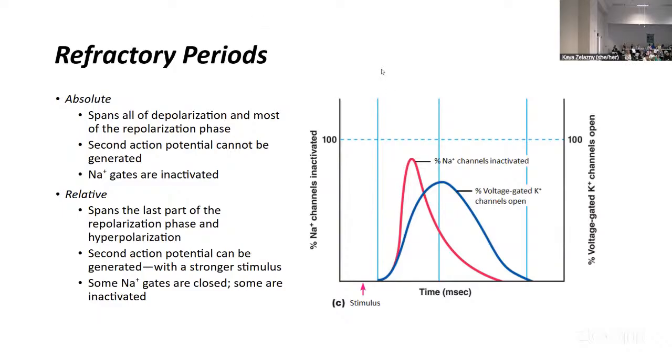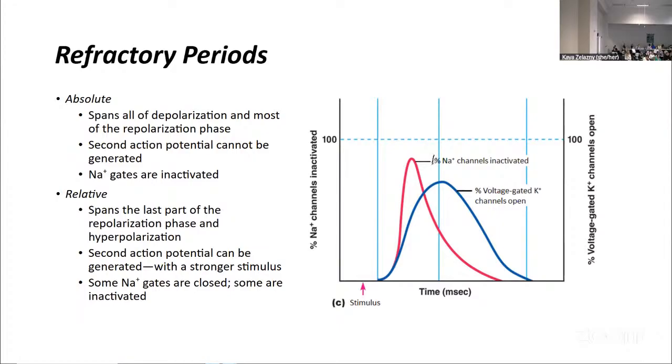This is comparing it to how many of those channels are open. So this is showing us how many sodium channels are inactivated, how many voltage gated potassium channels are opening. I guess really these are our permeability lines.